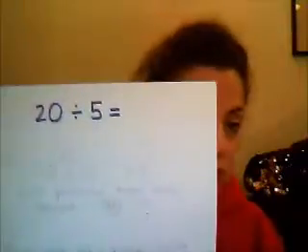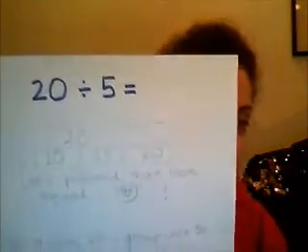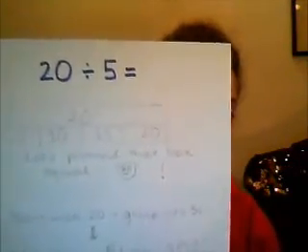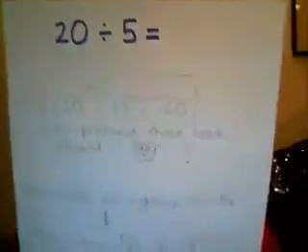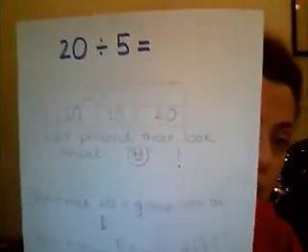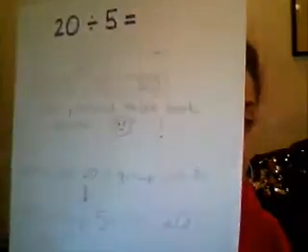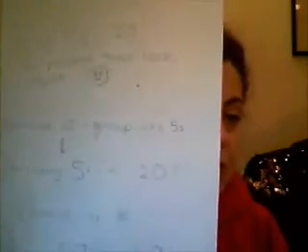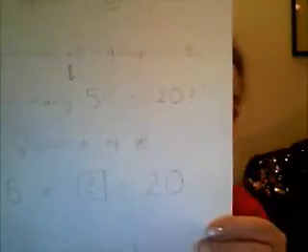One of the ways, we used a nice bar model to say that we were starting with 20, and we wanted to see how many groups of 5 we could make until we got to 20. So in other words, we were really asking how many 5s in 20. In other words, 5 times what is 20?